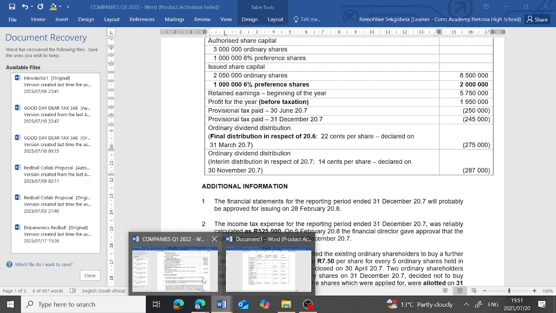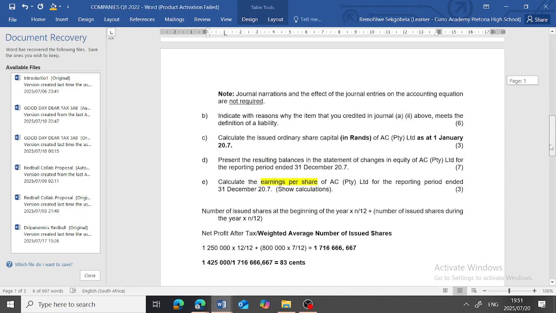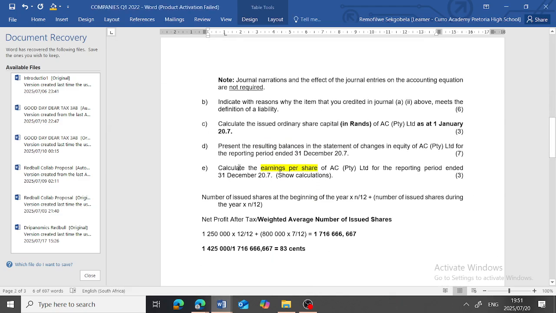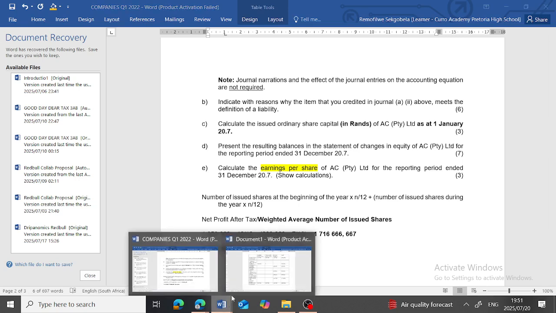Now, that is amazing. What do we then need to do next? We need to calculate the earnings per share for the reporting period that ended 31 December, and then we need to show our calculations. So, remember guys, how do you calculate the earnings per share?